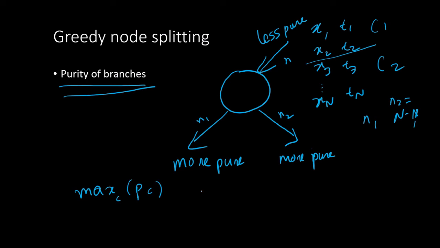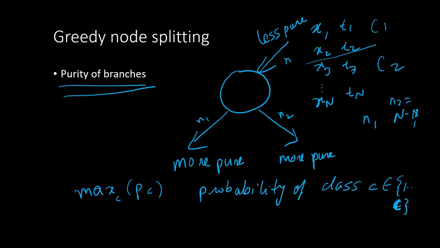PC is the probability of class C, and let's say there are capital C classes, indexed from 1 to C. So all these PCs will add up to 1, so sigma over C of PC is equal to 1, and PC is greater than or equal to 0. So it's a probability mass function.